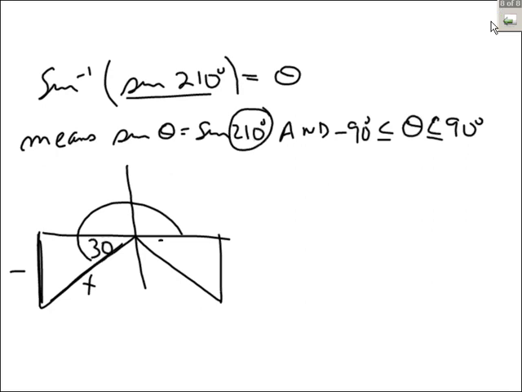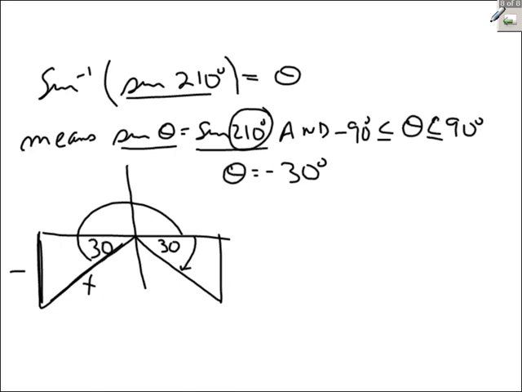And you have the same reference angle. The answer is theta is negative 30 degrees. If you take the sine of 210 degrees or the sine of negative 30 degrees, you get the same answer.